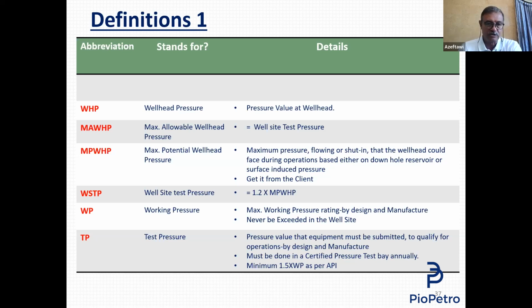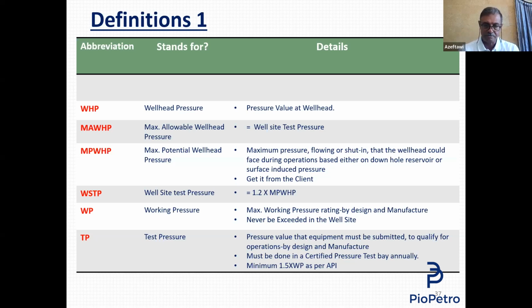We need to know what WP is, which is the working pressure, which the manufacturer designs his equipment as per. TP stands for test pressure. Test pressure, this is what we mean when we do a pressure test for our equipment for the purpose of certification.